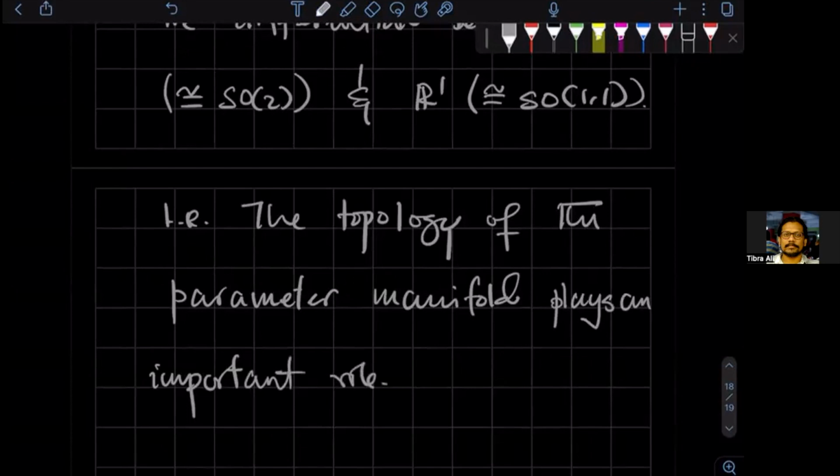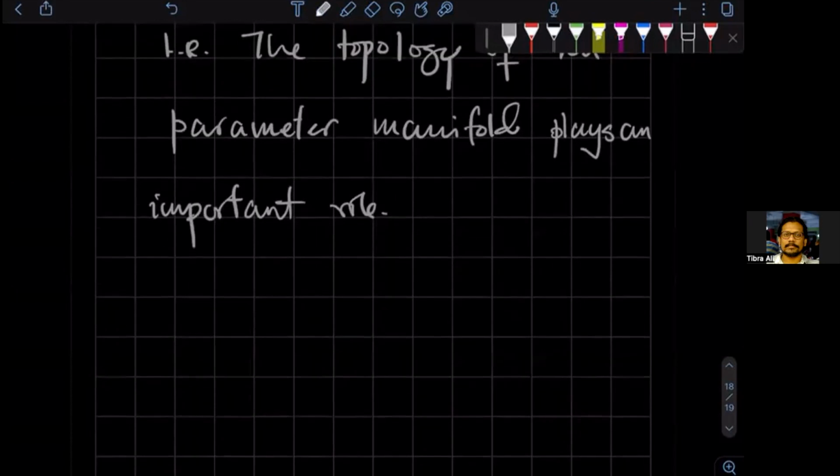All right. So this motivates the next definition, which is the definition of a Lie group.